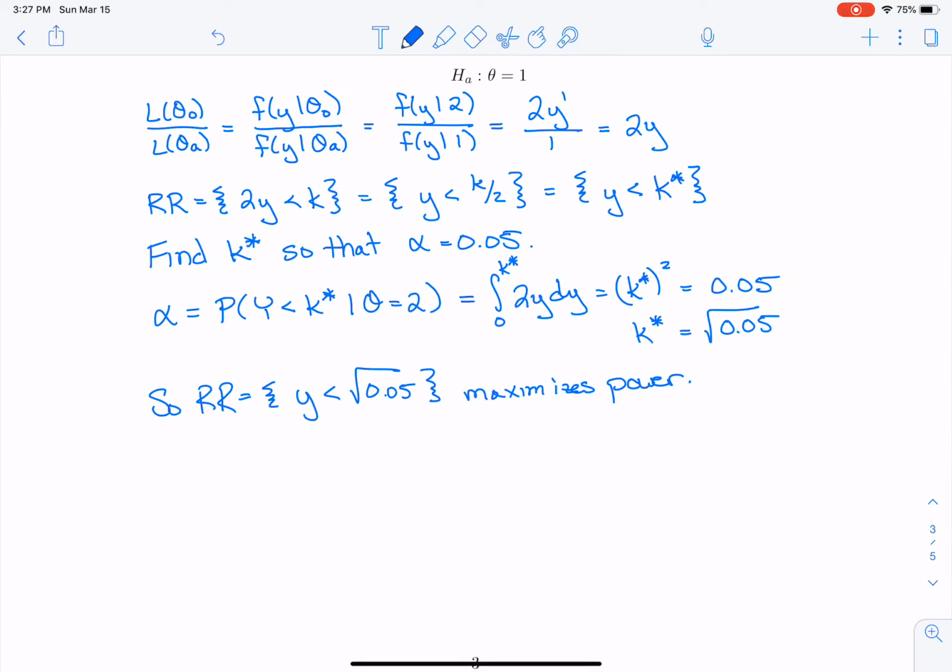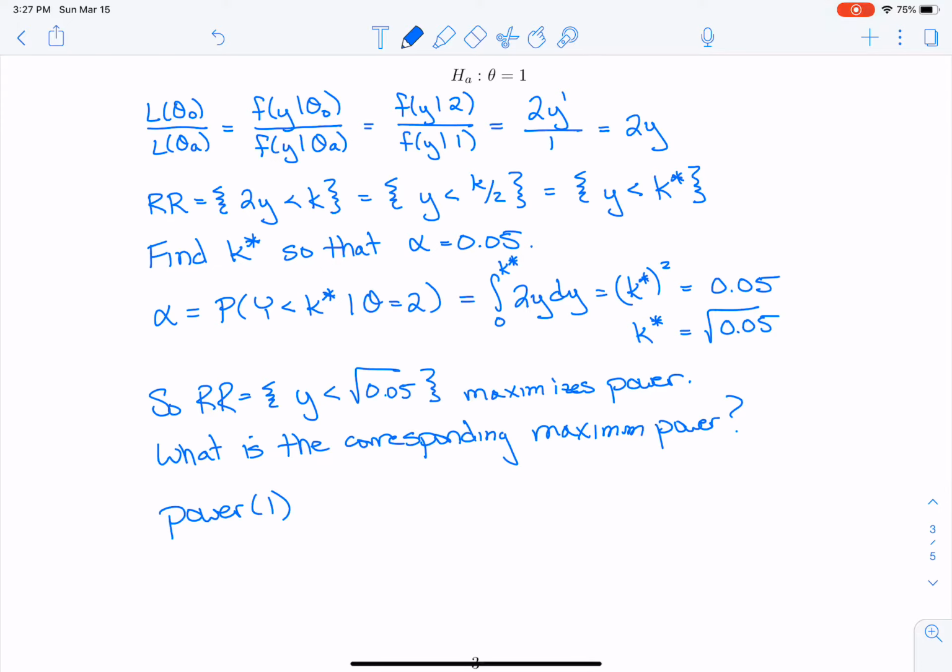One thing we might want to ask ourselves is, what is the corresponding maximum power in this case? Okay, so what is the power at the alternative theta sub a equals 1? Well, that's the probability that y is less than the square root of 0.05, but this time given theta is 1.